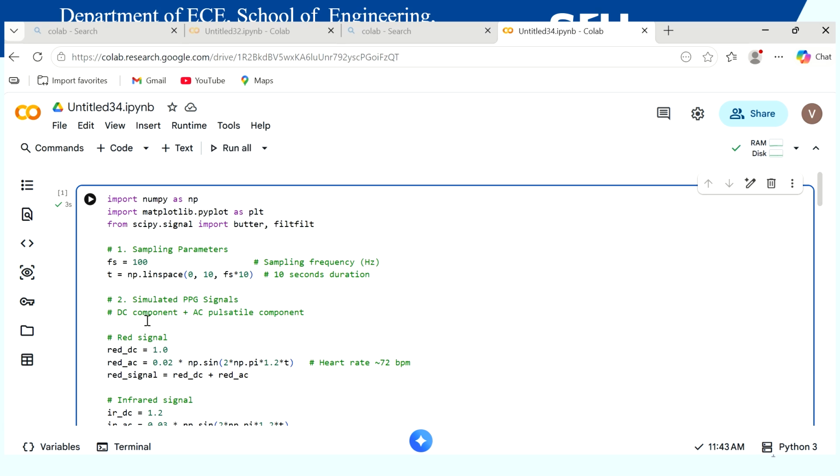Then the simulated PPG signal. We already know it contains a DC component as well as an AC component.